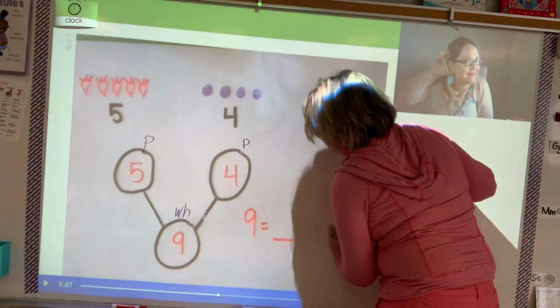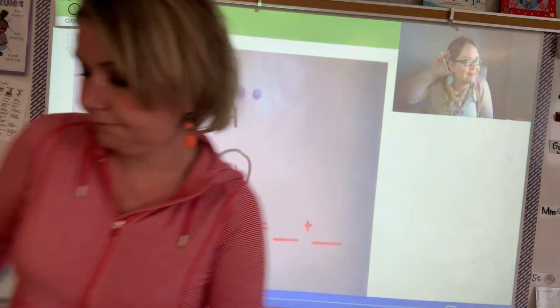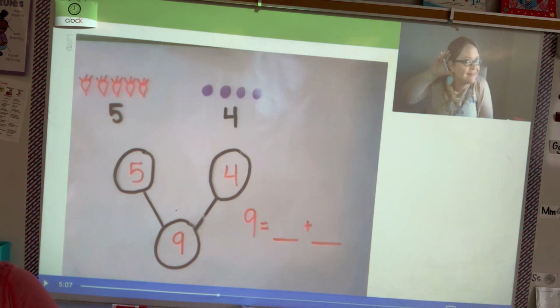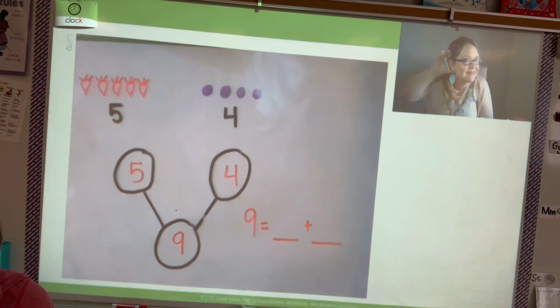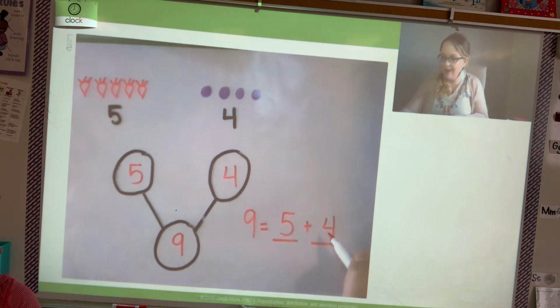Okay, let's see if we're right. Let's look at Miss Hawkins. Oh, she's still frozen. Here she goes. Yes, the number of strawberries and the number of blueberries, because those are our parts. So we can write 5 and 4.